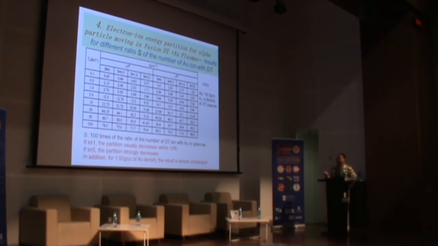We can say if S is smaller than 1, the partition usually decreases within 10%, and if it's more than 5, the partition will strongly decrease. In addition, for the much smaller density of Gild, similar results are almost found.